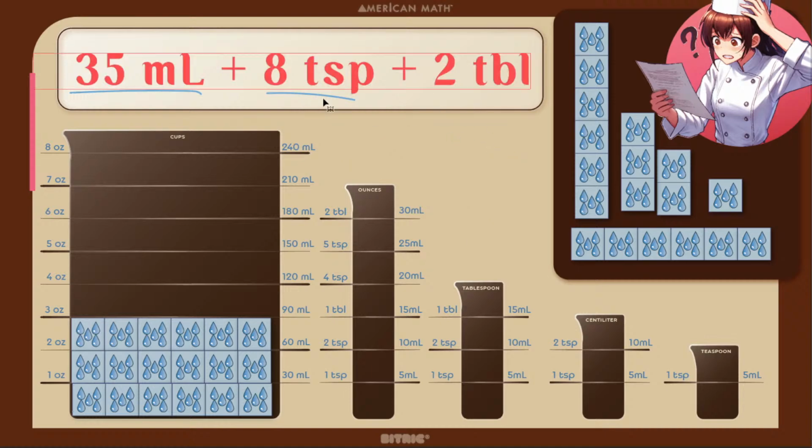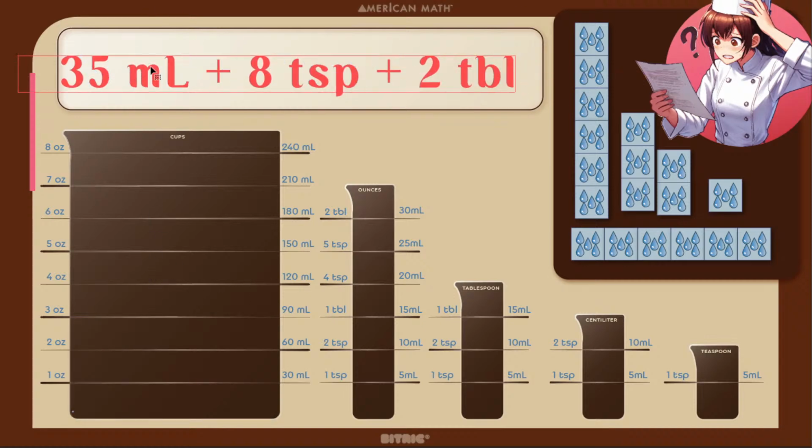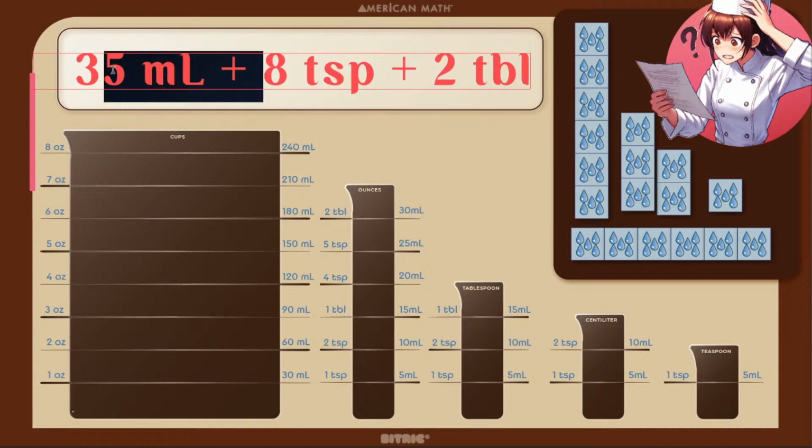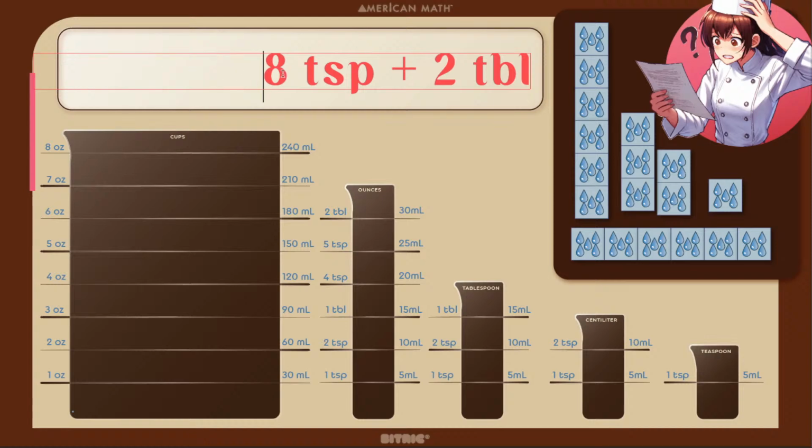So before we end the stream, we're gonna have Kira do one more challenge puzzle. All right. Let's see if you can do this one. This is going to be 6 teaspoons plus 5 tablespoons.